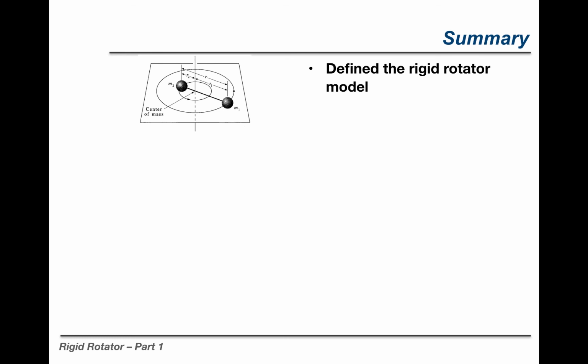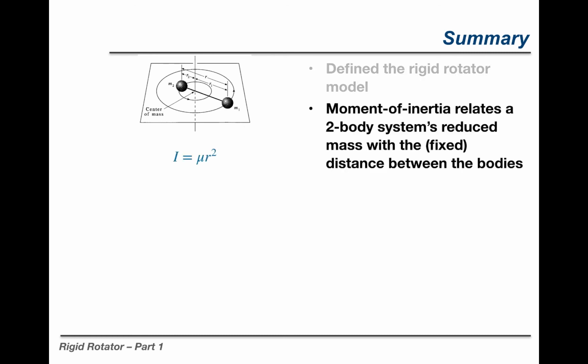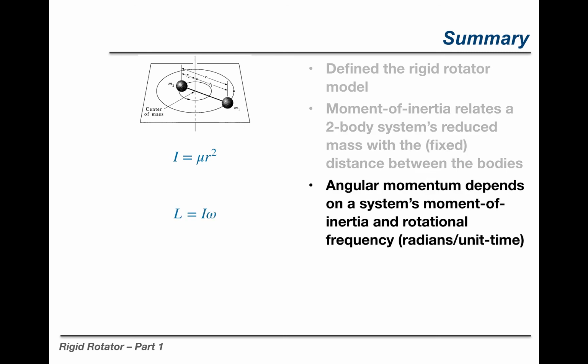So that's where we're going to conclude this first video on the classical rigid rotor system. What we did here was to define what we mean by this model. We described and defined moment of inertia and talked about how it relates a two-body system to a reduced mass with fixed distances between two bodies. We defined angular momentum and showed how it relates to the system's moment of inertia and its rotational frequency or speed.